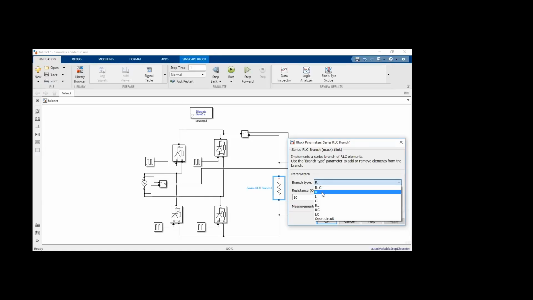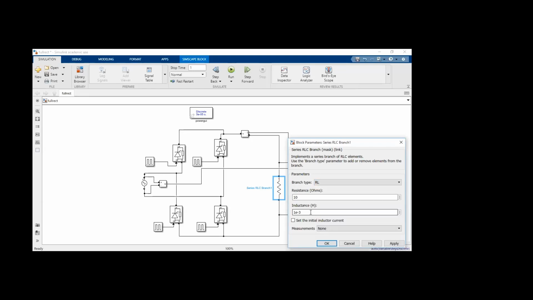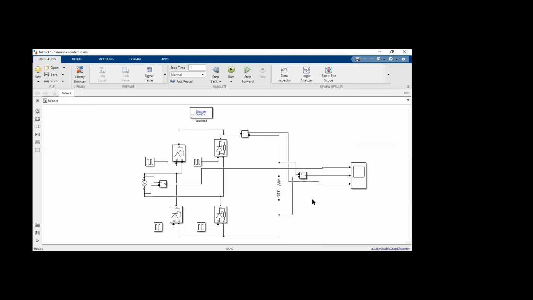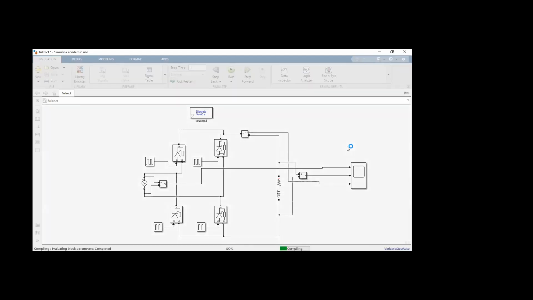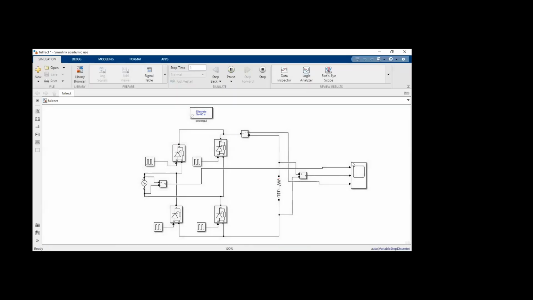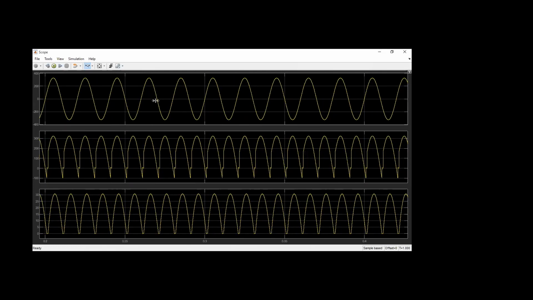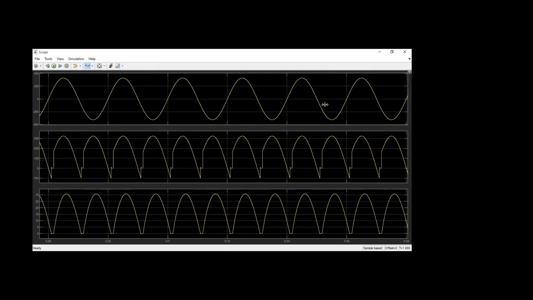If you want RL load, simply replace R with RL load. If you keep 1 e power minus 3, it will not work; keep 10 e power minus 3 and run the model. This is the full wave rectifier with RL load.